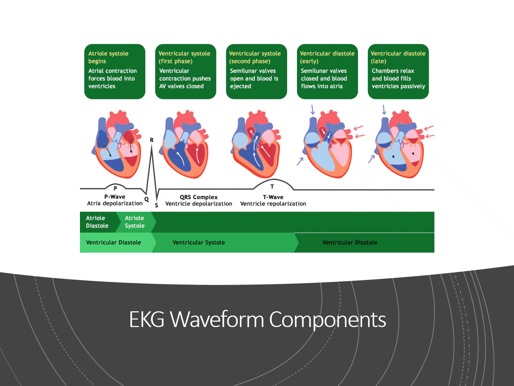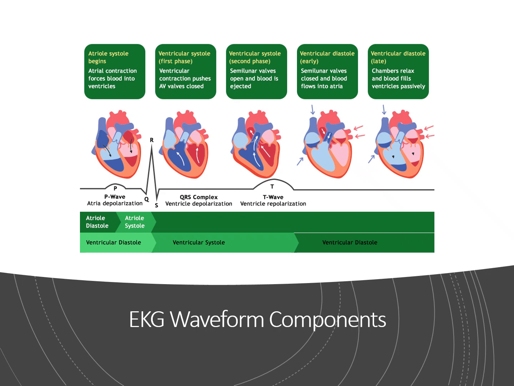So now that I've just spit out all of this information at you, let's just take a second to stop and look at this picture. So as I said, let's start on the left. We have the atrial systole, which is the atrial contraction that forces blood into the ventricles.